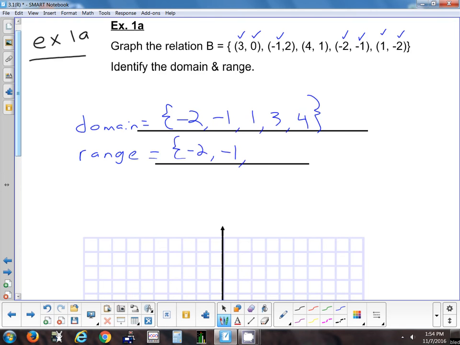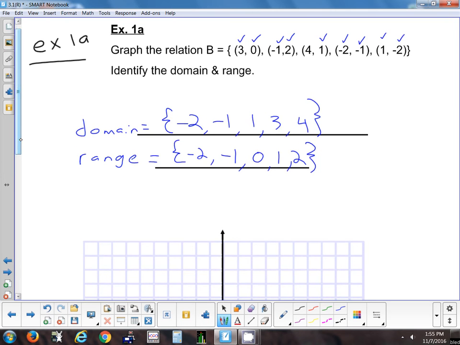We've got 0, and then 1, and then 2. Those are the 5 values in the range. And that's it. That's identifying the domain and range. Any questions on the 2 that we just did?